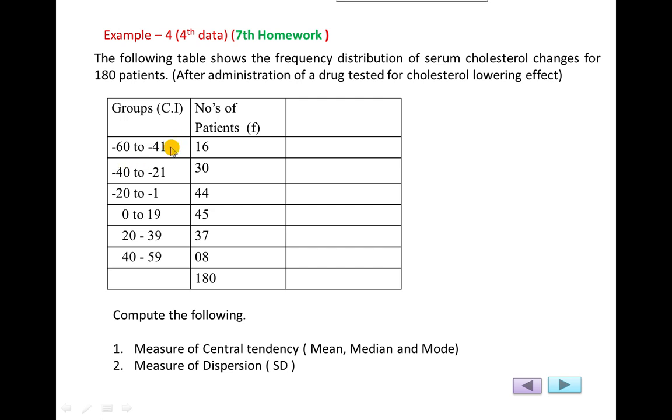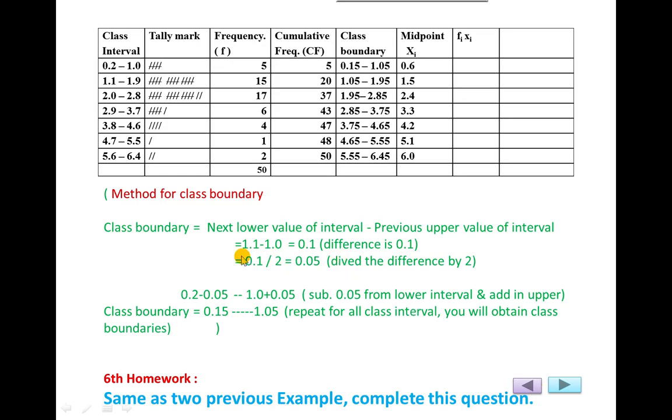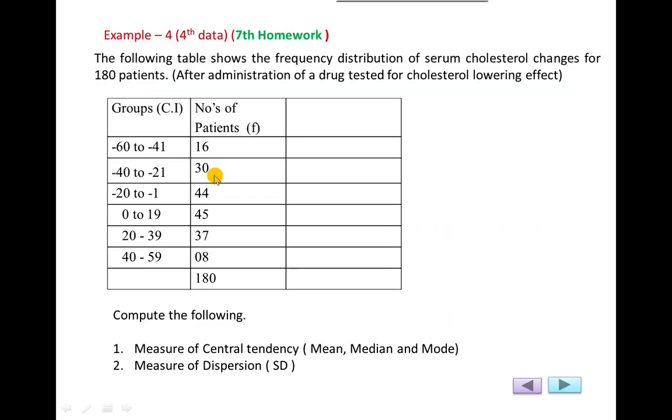The difference is the same as the first and second example, it will be 1, and if you divide it by 2, same as this method, 1 divided by 2 you will obtain 0.5. So subtract 0.5 from all lower values, add in upper values. If you subtract, minus 60 minus 0.5, both will be added: minus 60 and minus 0.5 will be minus 60.5.